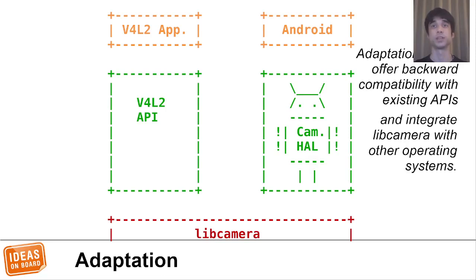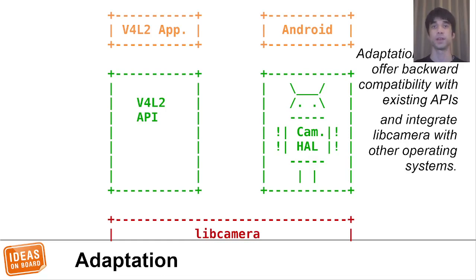This works by intercepting library calls such as open, close, mmap, ioctl via LD preload. It only supports features equivalent to what one would expect of a UVC camera, however, so it's still best to transition to libcamera. We have managed to do video calls on Firefox with libcamera via this compatibility layer, though.